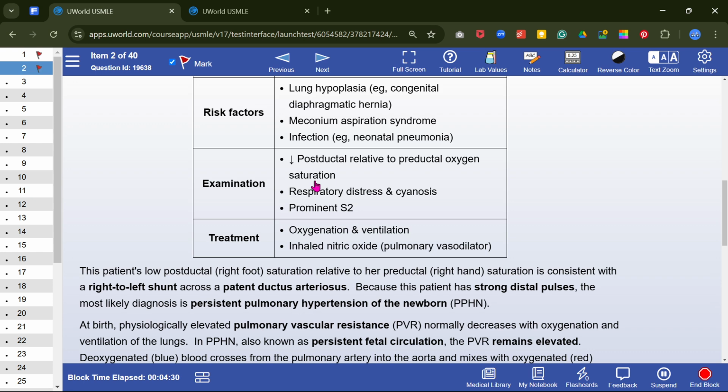So postductal is 91 and preductal is 99 oxygen saturation. So if there is a saturation difference, think about persistent pulmonary hypertension of the newborn.